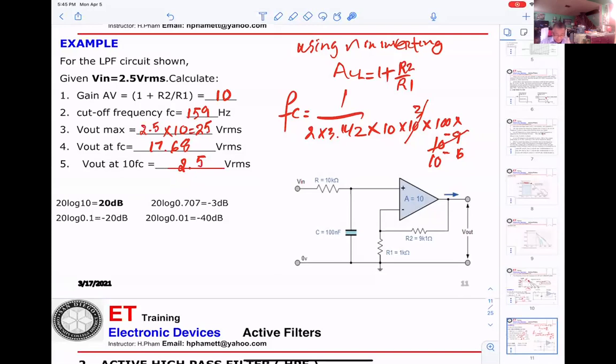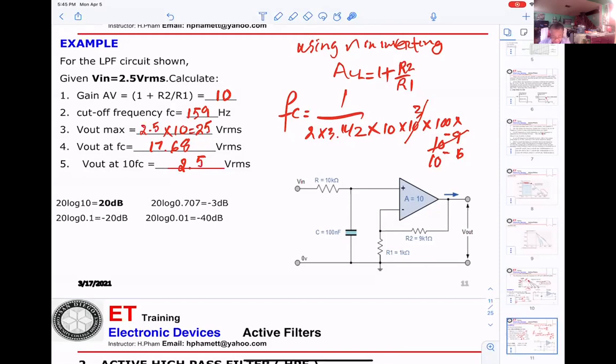Now, the first thing you can see is we get R here and C here, so we know it's low pass. When they change the position of C and R, that will be high pass. That's easy to recognize. The op-amp here is a non-inverting amplifier, and that's what you need to recognize.